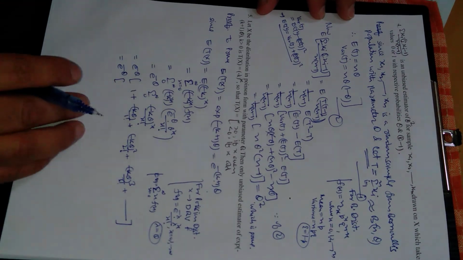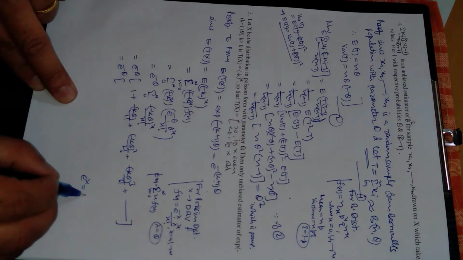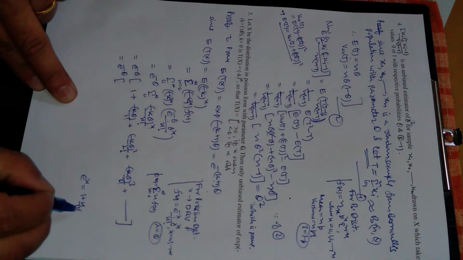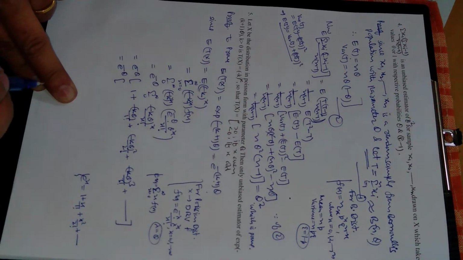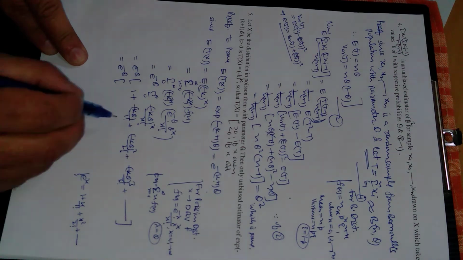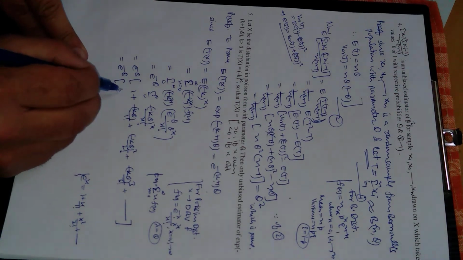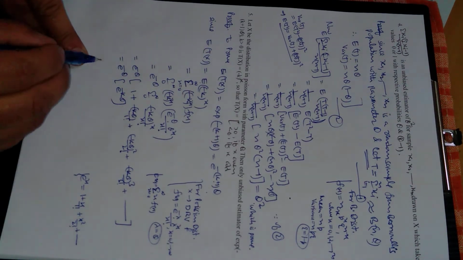So this is an exponential series. Exponential series means its value: e power x is equal to 1 plus x upon 1 factorial, plus x square upon 2 factorial, plus so on. So what is x in this case? X in this case is minus k theta. So this will be e raised to power minus k theta, because of this exponential series.